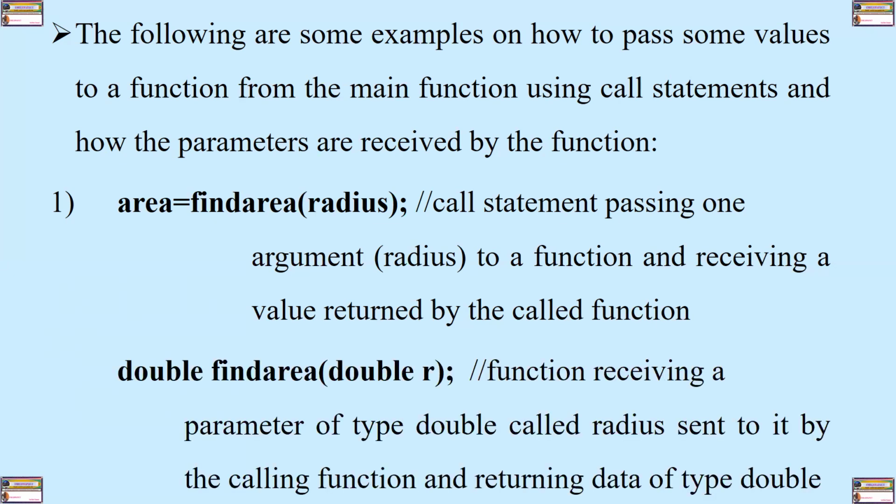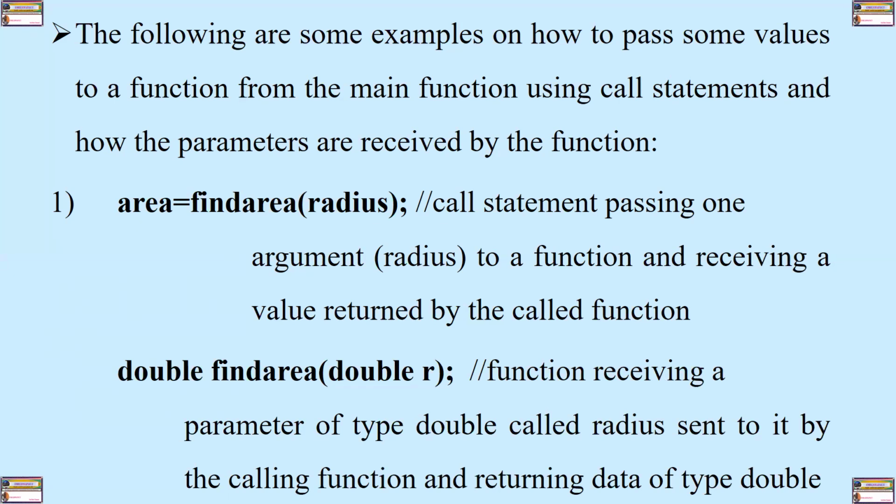My next example is double find area with one parameter or one argument. This is an invoking statement for a function called find area that is receiving a parameter of type double called radius, sent to it by the calling function.